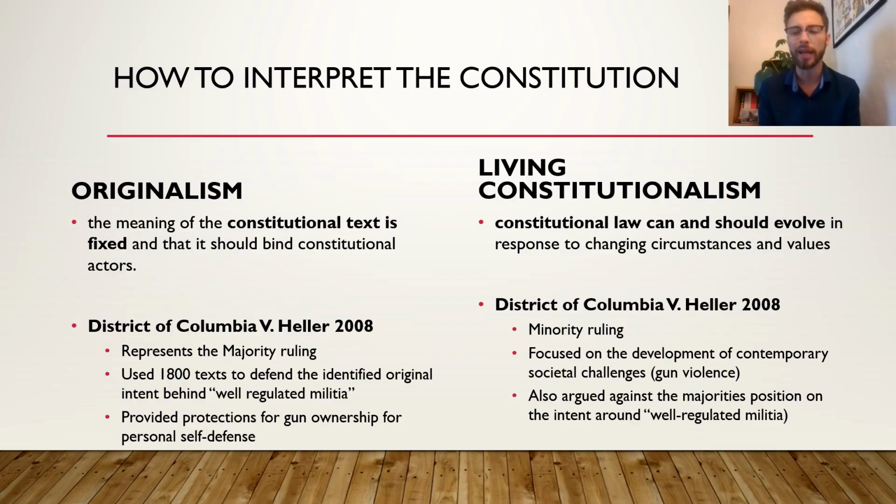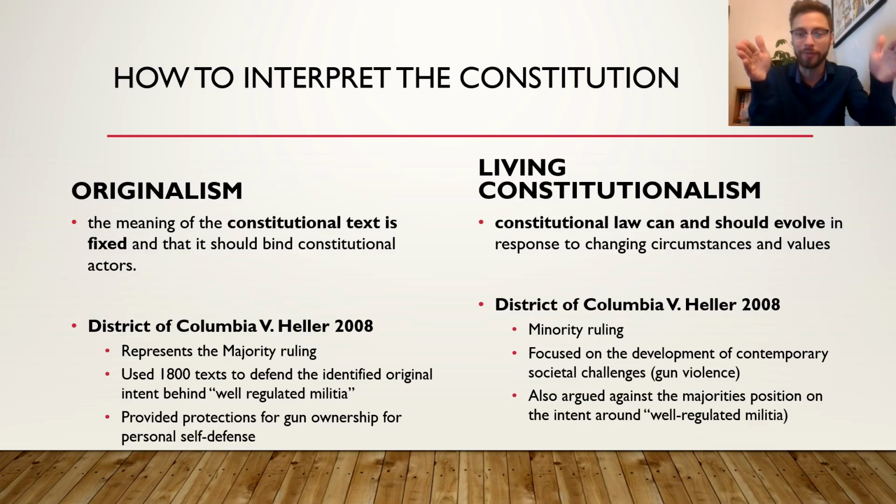The most hardline originalist would say that you can have cruel punishment and you can have unusual punishment, but you cannot have both, because the words the founding fathers used were "and" instead of "or." So that, again, is an extreme example of the most extreme side of the originalism spectrum.